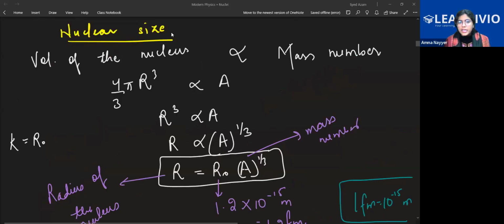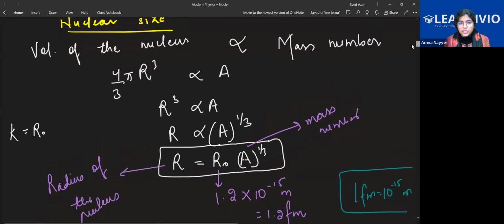So do one thing, Mariam. Just copy this part because this is not there in the notes properly. Just copy this part somewhere and inform me. Okay?